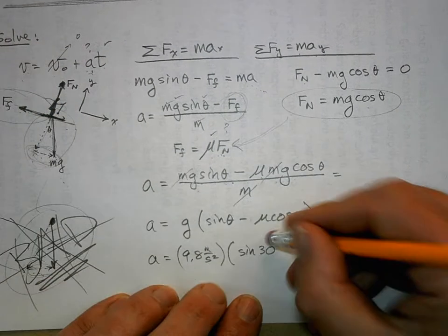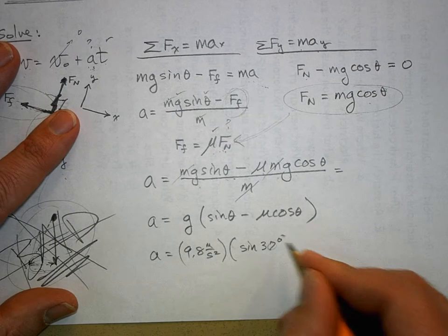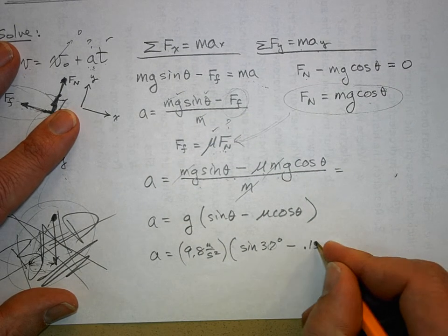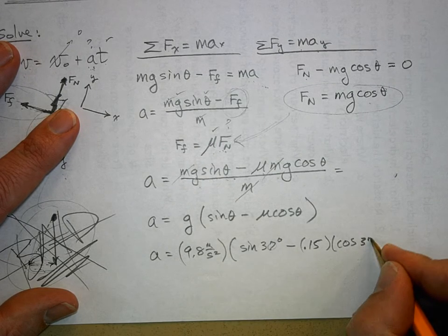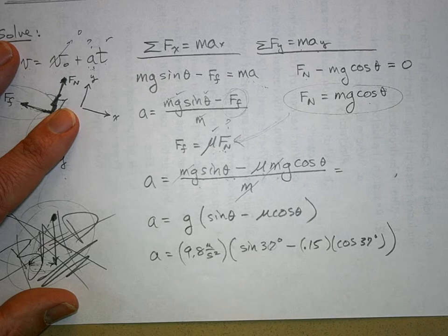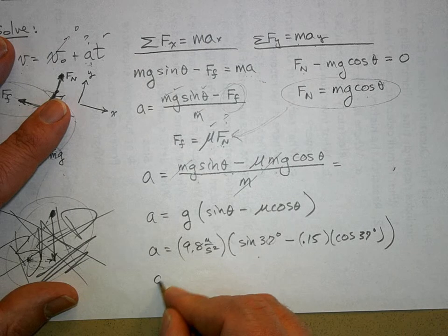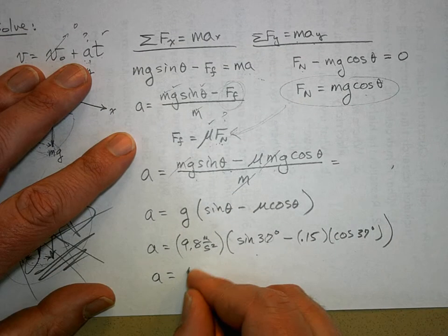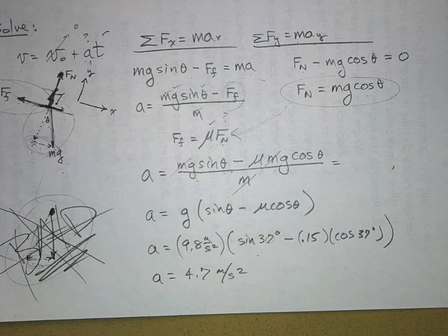37, not 30, minus mu times the cosine of 37 degrees. And when you do this, and multiply by 9.8, you get an acceleration of 4.7 meters per second squared down the incline.